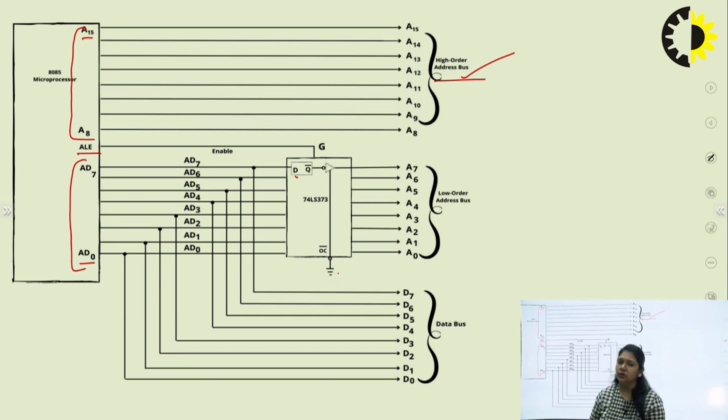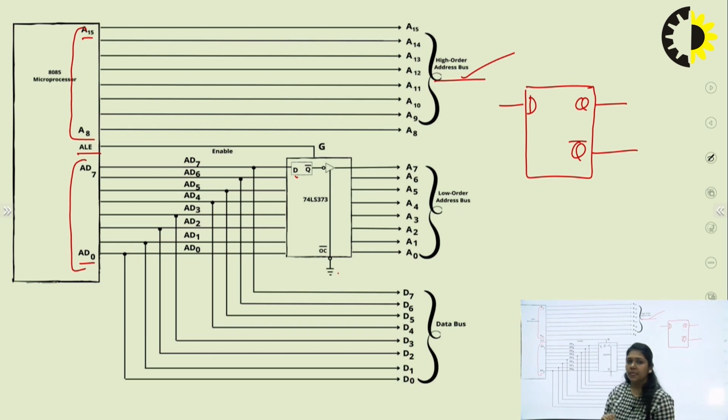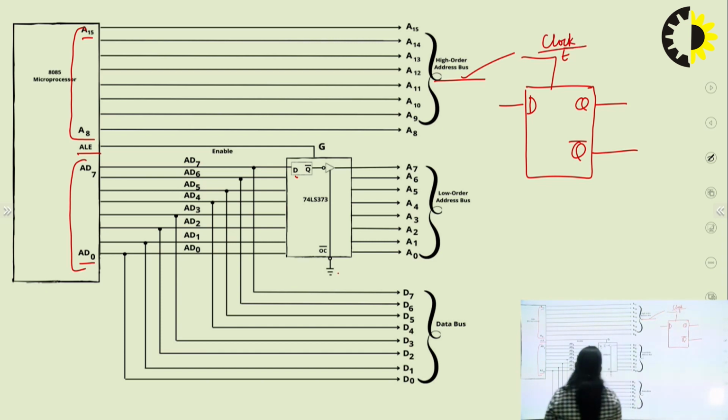If the input is 0, the output will be 0. This is the D flip-flop. The output will be Q, and here it is the inverted output, and it will need some enable pin or clock at that time.